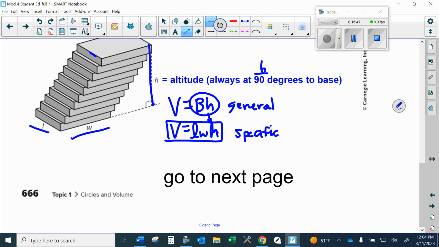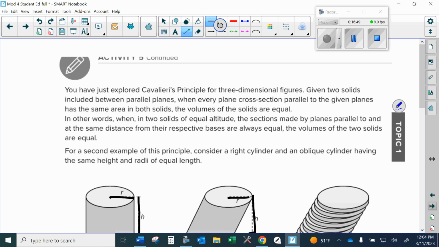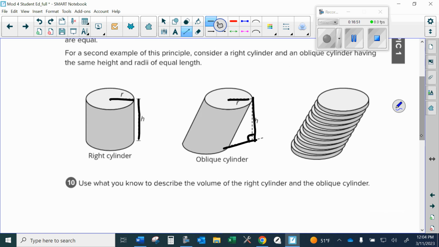Go to the next page. We have a right cylinder and an oblique cylinder. These have them drawn out for you. Again, it's the same formula. Area of the base times the height is the general one. And because the base is a circle, pi r squared h is the specific one.